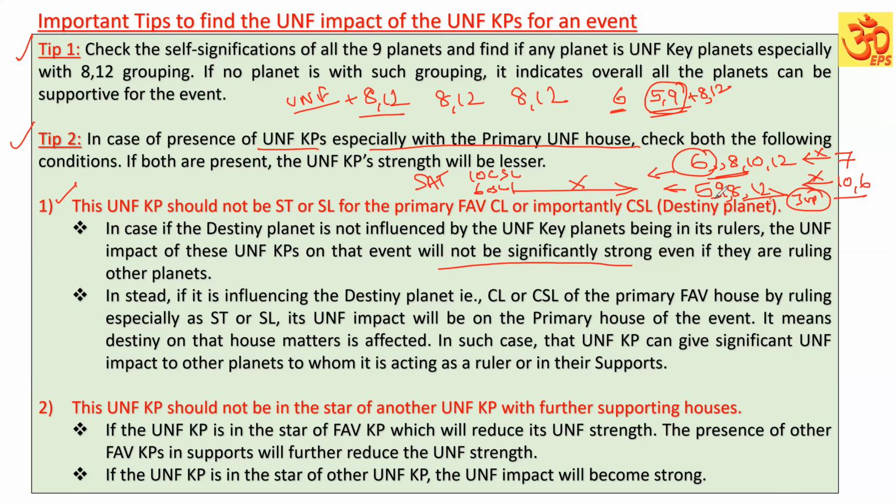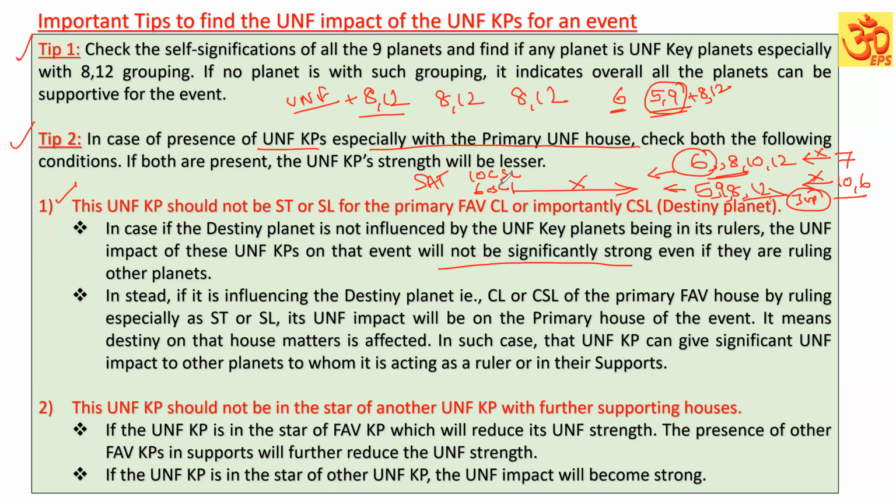Those planets, because of this unfavorable signification of the Jupiter, they will try to give obstacles to the 10th house matters, but they will not give strong influence on the 10th house matters, because we are not talking about Sun in the star of Jupiter. Sun may not be having these 10th house rulers, because the 10th lord or 10th sublord or 6th lord or 6th sublord we already took.